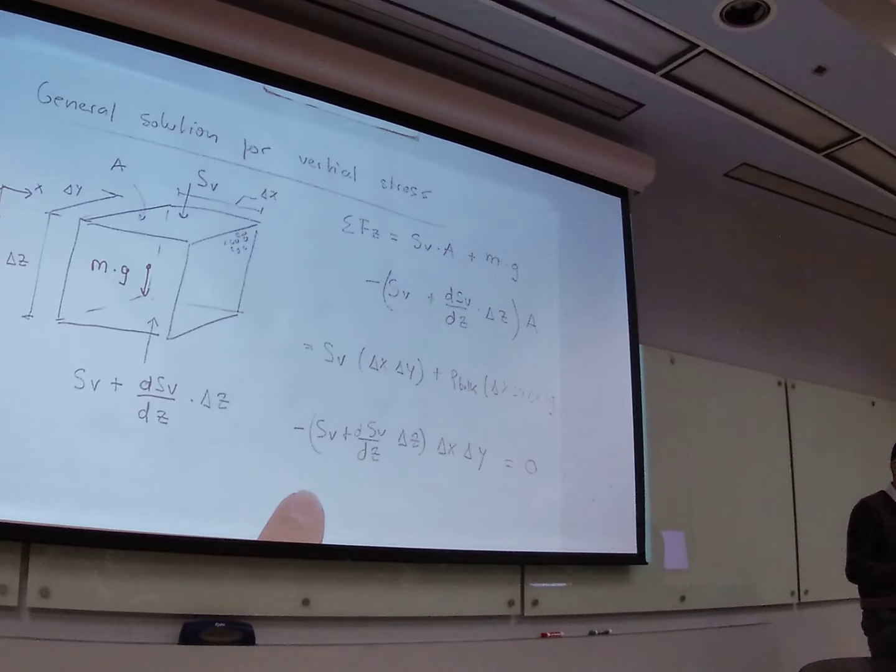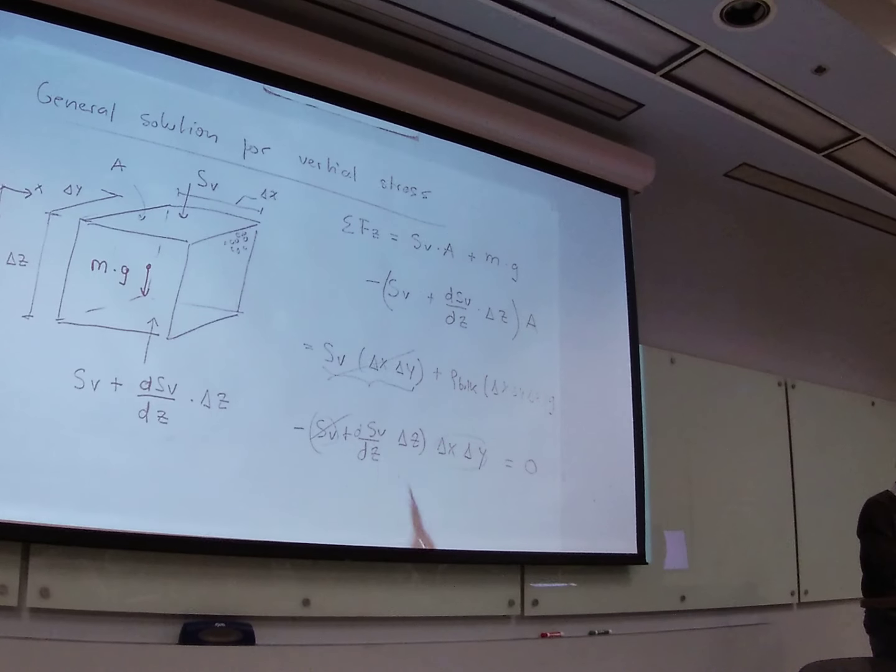Hopefully you can see from this equation that this term over here is the same as this one times that one, and it's negative, so this one is going to cancel out, and I'm just going to be left with this part and that part.